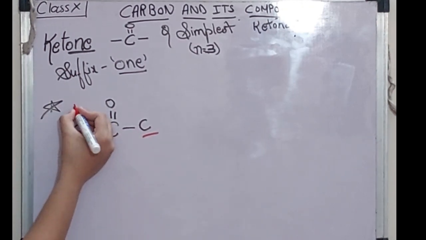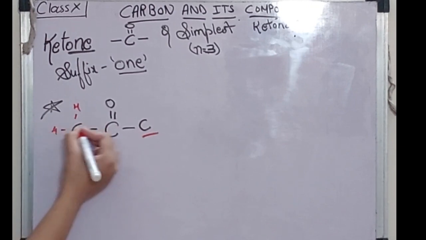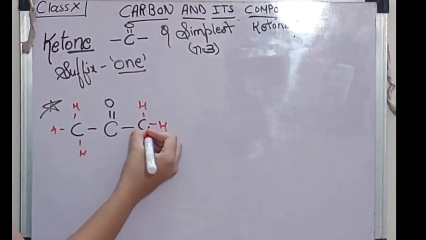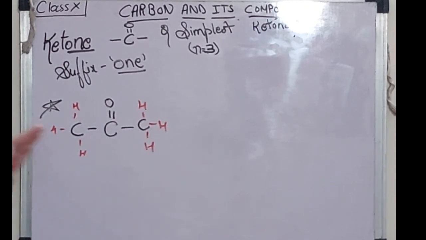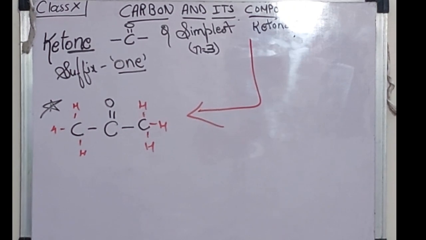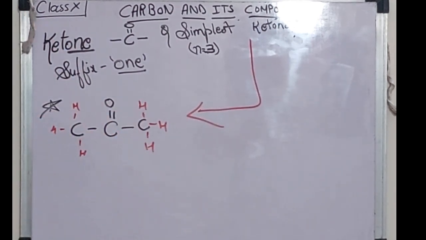And then in this, hydrogen you can add. This is your simplest ketone. But again it might be confusing. So ketone means carbon double bond with oxygen. Its suffix is ONE.